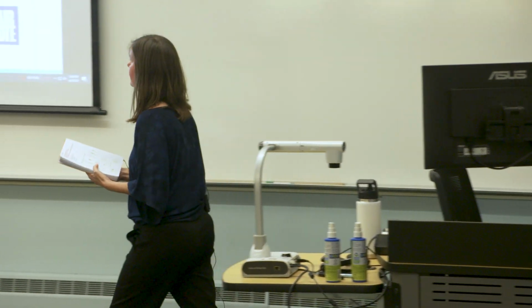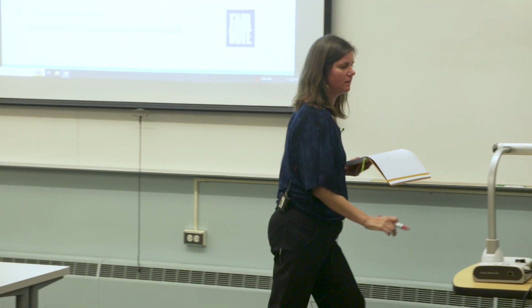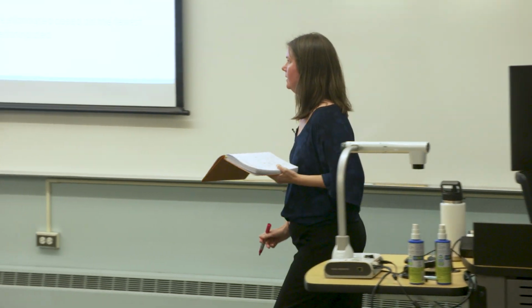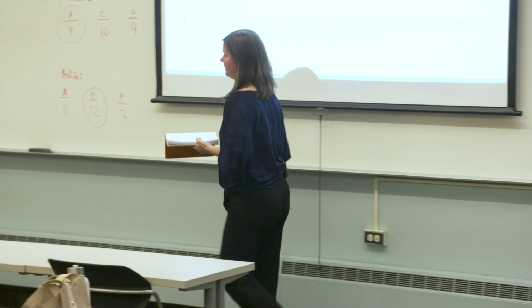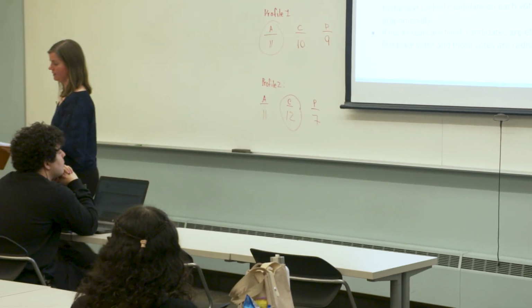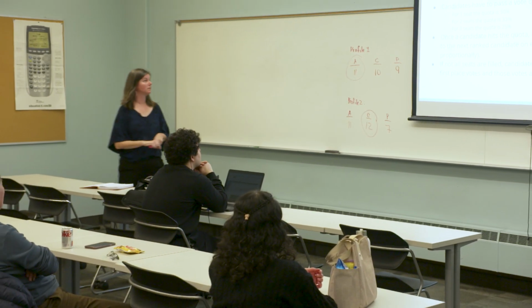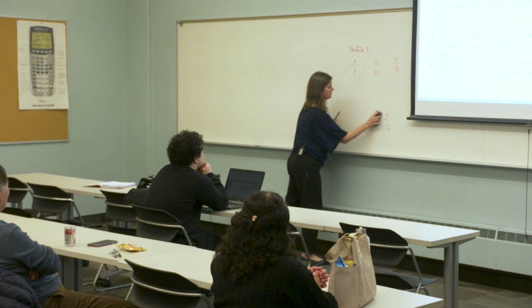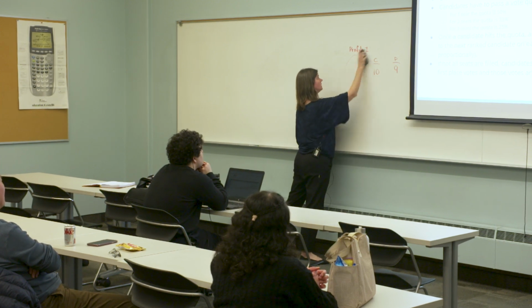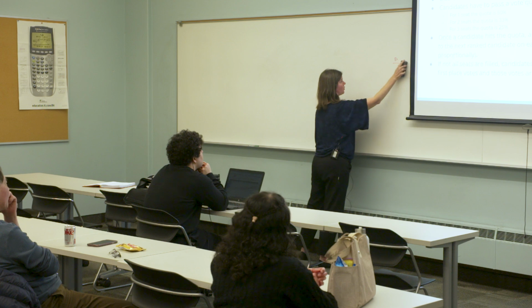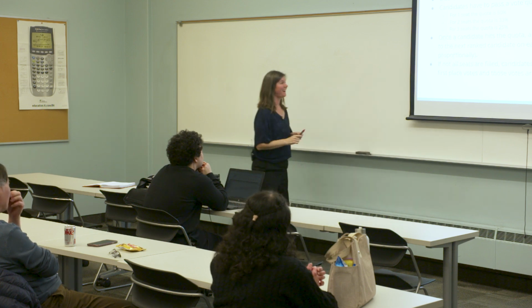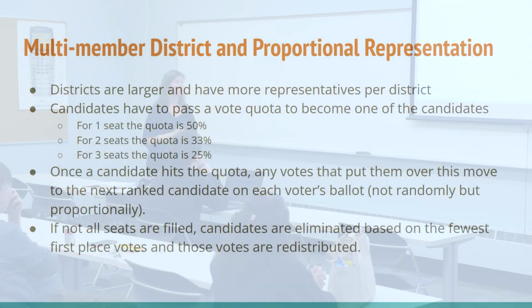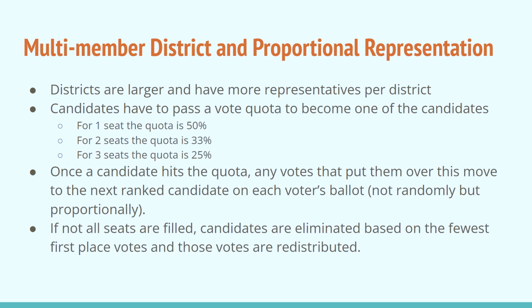Okay, so districts are larger and they have more representation per district. So more seats per district. The candidates have to pass a vote quota to win one of the seats.